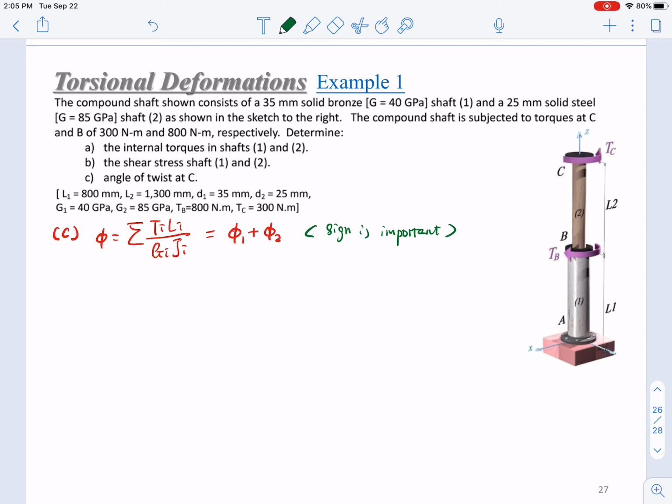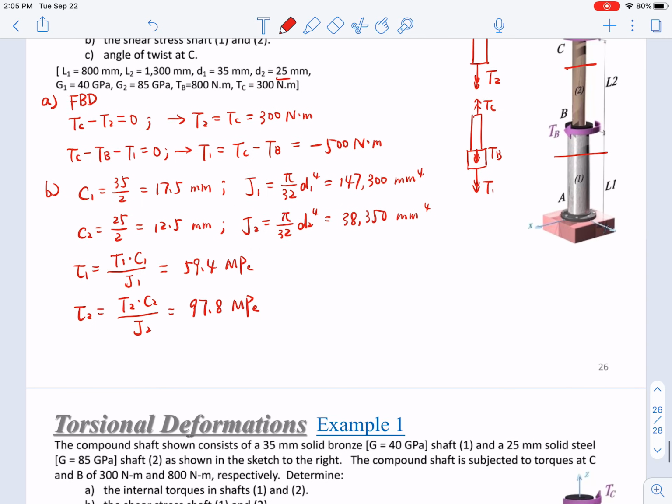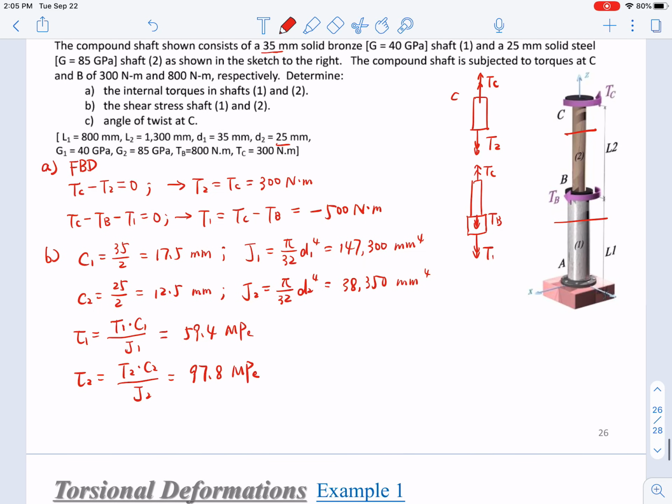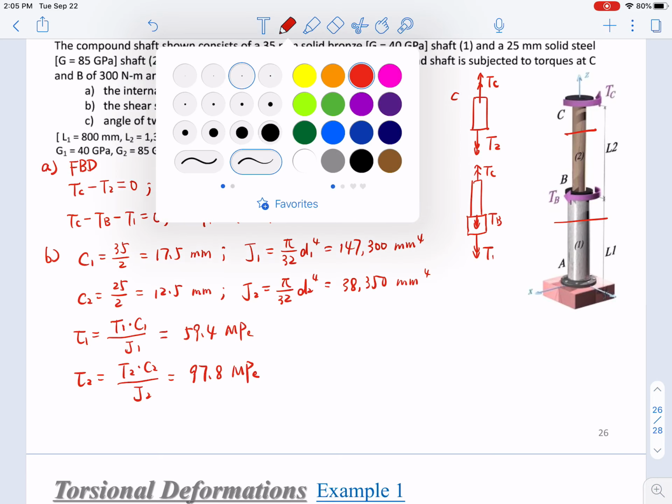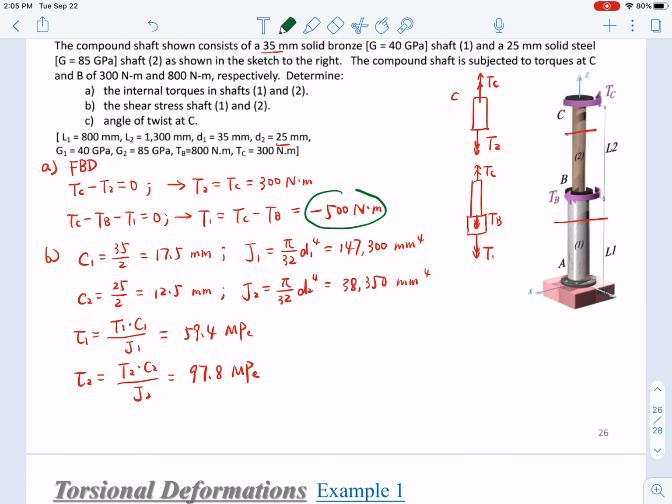Let's look at phi 1. Phi 1 is T1 L1 over G1 J1. The T1 we have determined: T1 is negative 500 Newton meter, and T2 is 300 Newton meter.